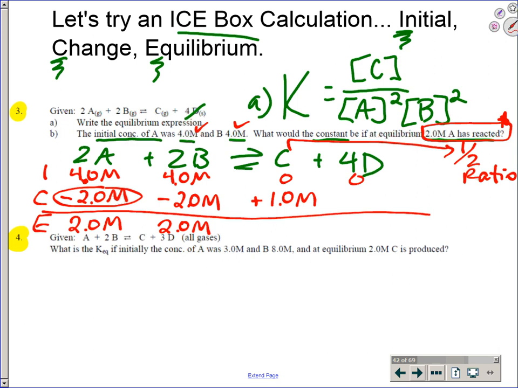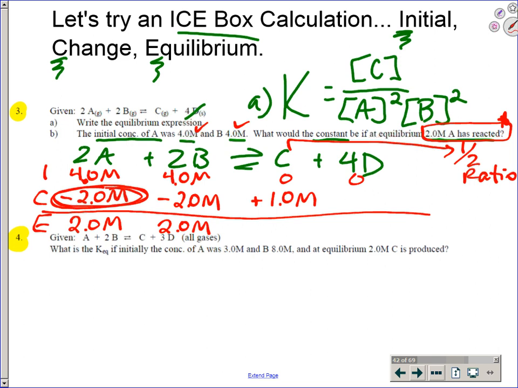Now, I could have us write out the stoichiometry for every single step of this, but if you understand that you have a quantity, the only quantity provided to us in the whole problem, you use this golden number right here, and you use the ratio to basically fill out the rest of the chart. So if I cared about D, I don't, but if I cared about D, how much D would be produced? Tell me the process.